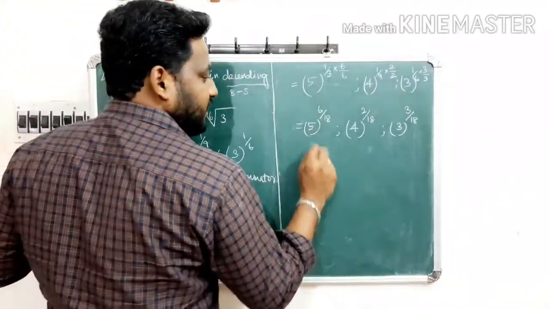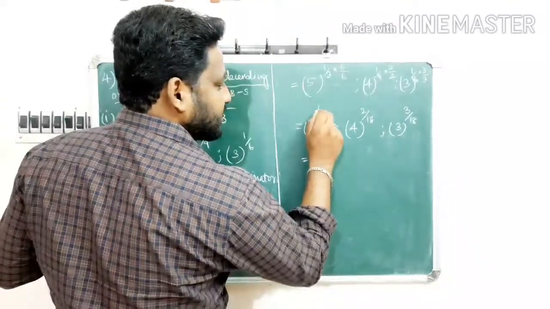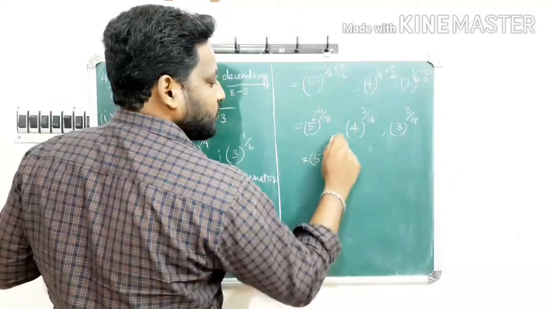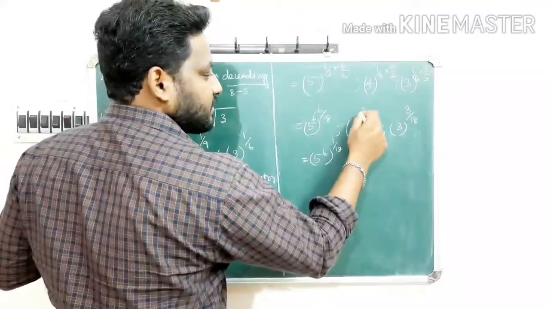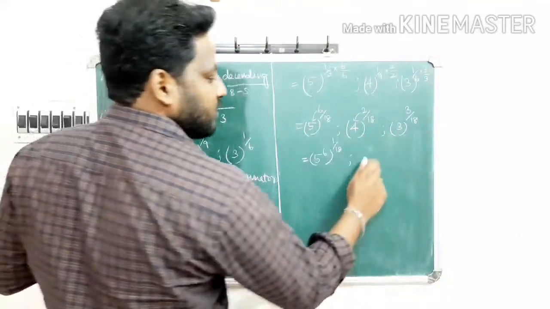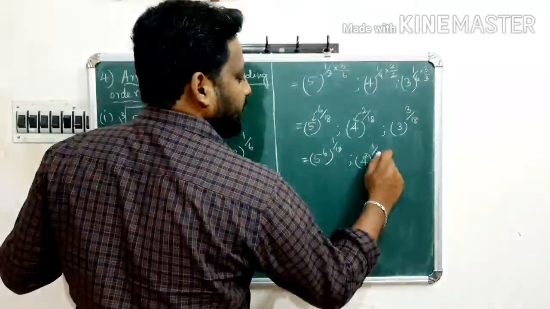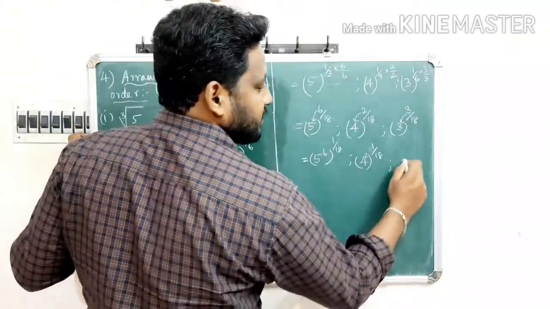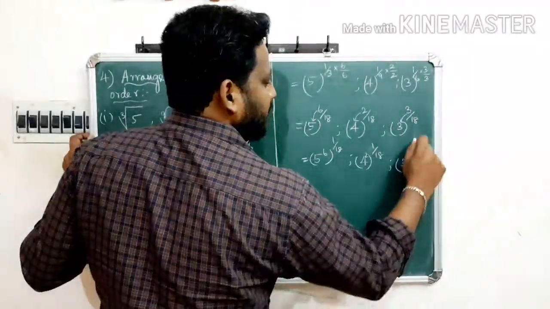So 5 power 6 by 18 is written as 5 power 6, the whole power 1 by 18, since the numerator goes inside. Same thing, 4 power 2, the whole power 1 by 18. And 3 power 3, the whole power 1 by 18.